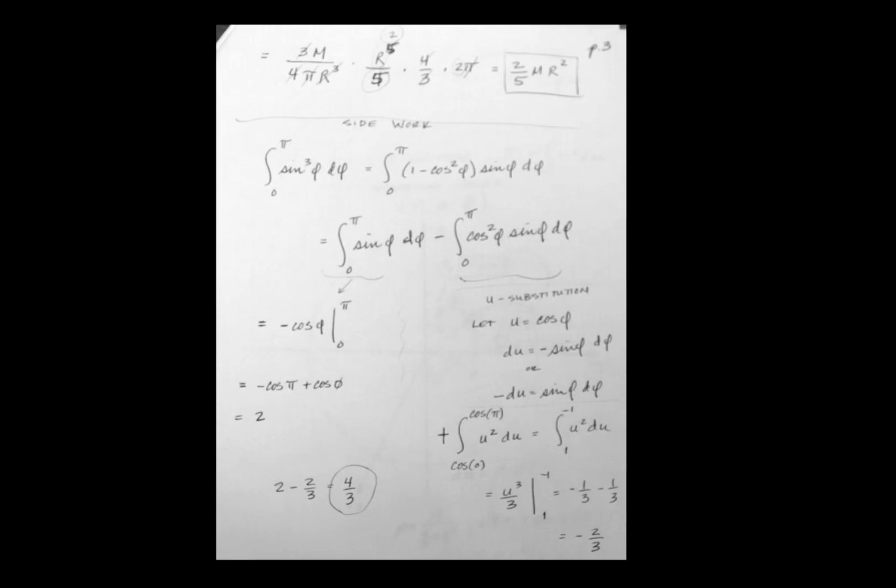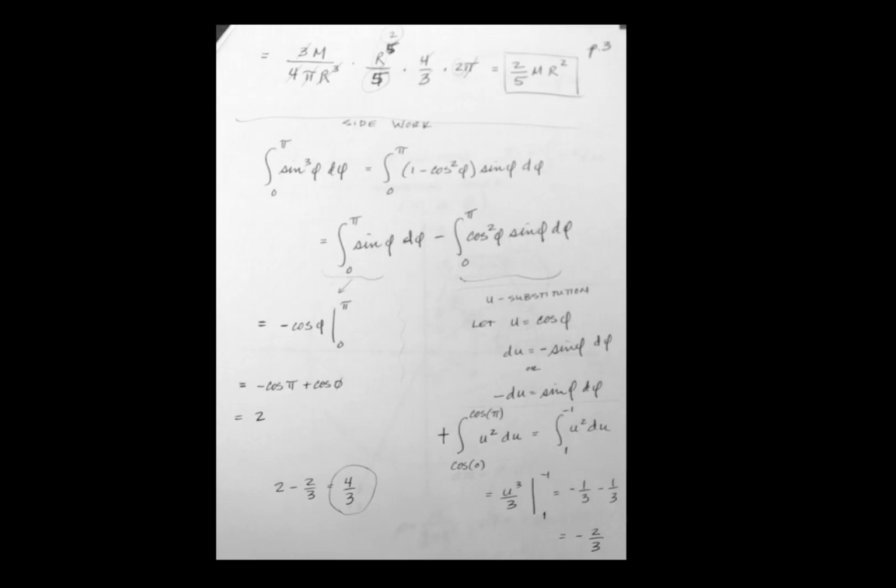And that is to evaluate sine cubed, we'll rewrite that as sine squared times sine. Replace sine squared with 1 minus cosine squared. Distribute, and then split that into two separate integrals. The first part, you'll see, is relatively straightforward. Integral of sine phi d phi is just negative cosine.